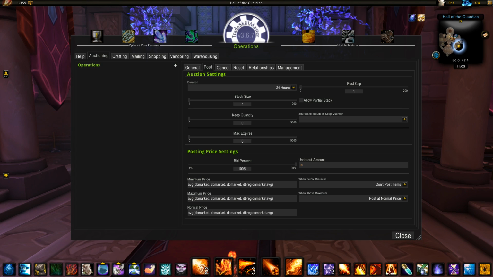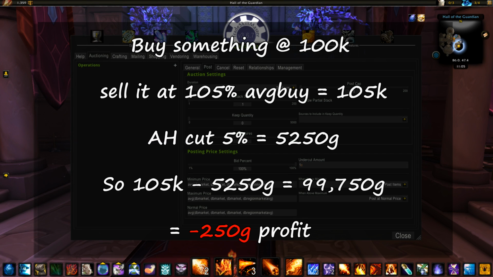Now, if we look at the 105% scenario, it doesn't look as good. So you buy something at 100,000 gold, you sell it at 105% of your average buy price, so it gets posted on the auction house for 105,000 gold. So your auction house cut 5% of that 105,000 gold is actually 5,250 gold.